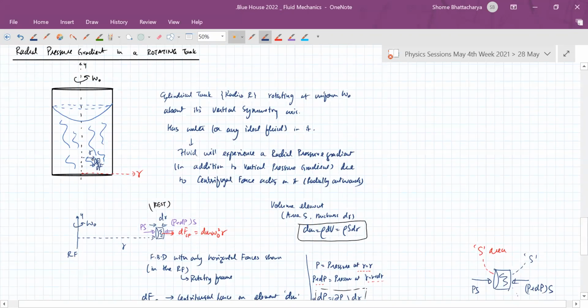So now that we have understood that there's a radially outward pressure gradient, we understand why the surface is curved like this.